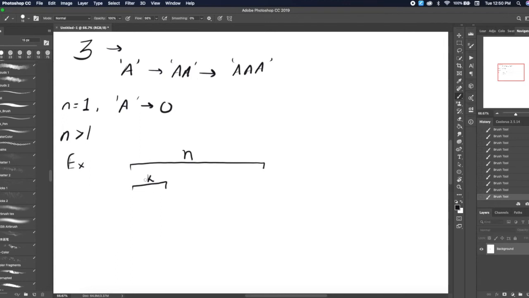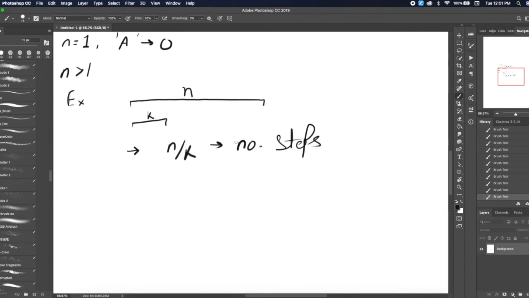To find the minimum number of steps required to fill the n number of A's, we come up with the equation n divided by k. This will give the number of steps, and this number of steps should be an integer, not a rational number.